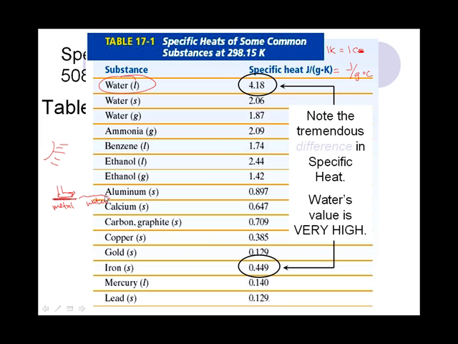But if you step onto the water, it's going to be really cool, because water needs more energy to raise its temperature by 1 degree versus the metal needs a little bit of energy to change its temperature by 1 degree. So the metal is going to raise its temperature easier than the water would be able to.